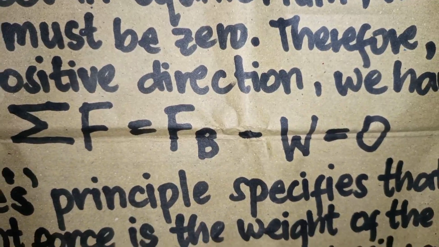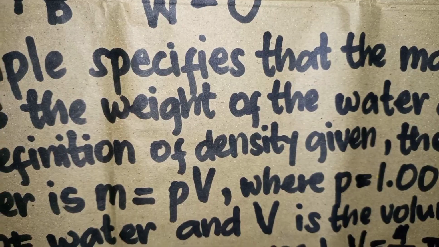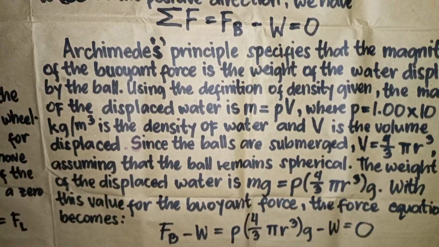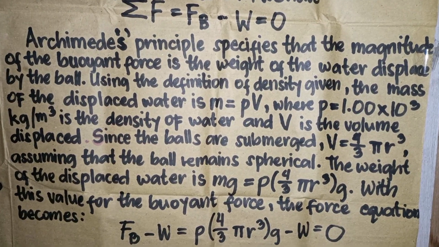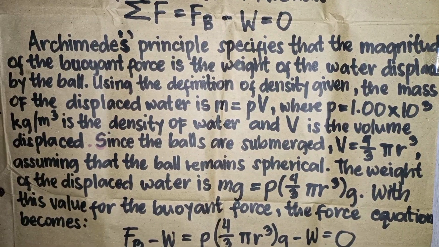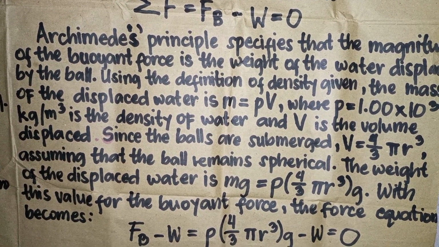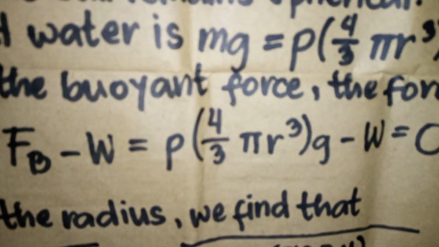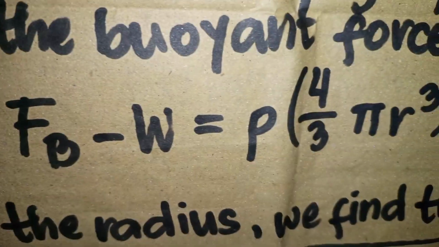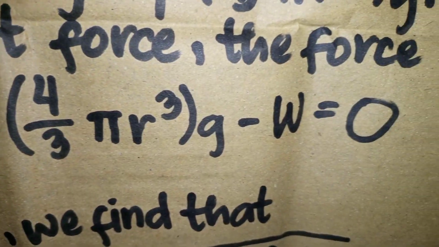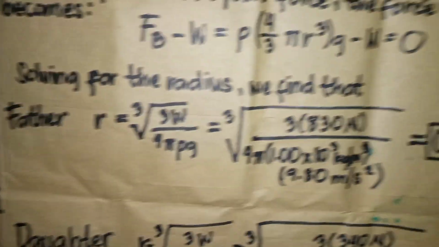Using the definition of density, the mass of the displaced water is m equals rho times V, where rho equals 1.00 times 10 cubed kilogram per cubic meter is the density of the water and V is the volume displaced. Since the balls are submerged, V equals 4/3 pi r cubed, assuming that the ball remains spherical. So it is still submerged. The weight of the displaced water is mg equals this formula.